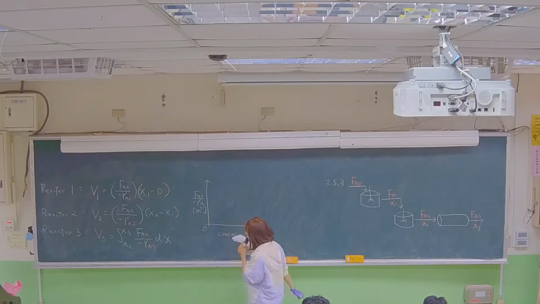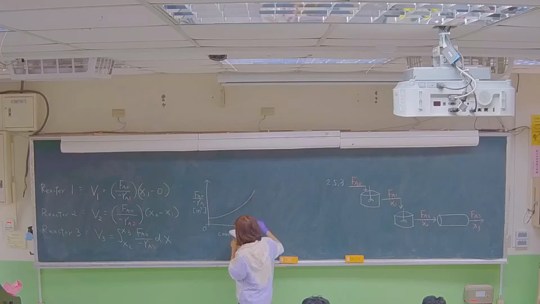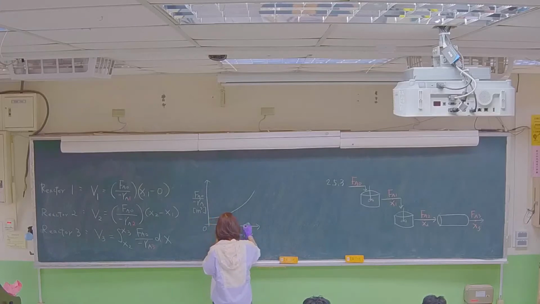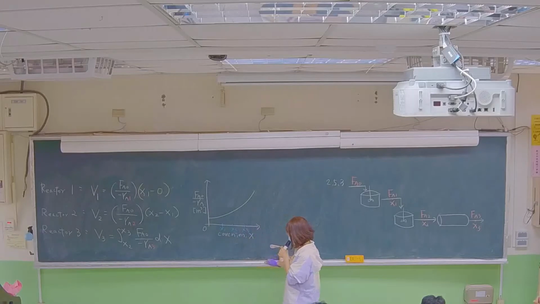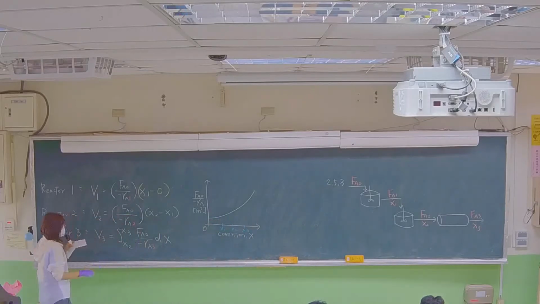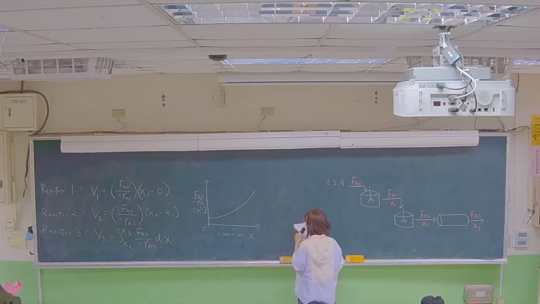So for the same curve like this, assume x1, x2, x3. How about the value? How to find the area corresponding to the volume of a reactor?